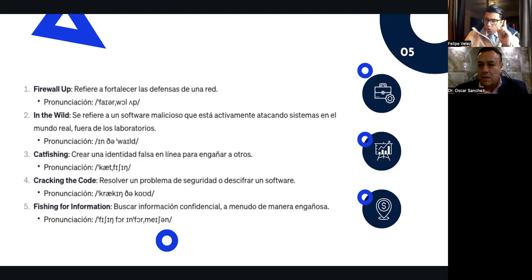Always remember, the majority of the verbs from cybersecurity are regular verbs, so we only include ed at the end. In this case, encryption, encrypted. You don't ask what is the past of encrypt. It's encrypted. Very simple. Yes, it encrypted all the information.